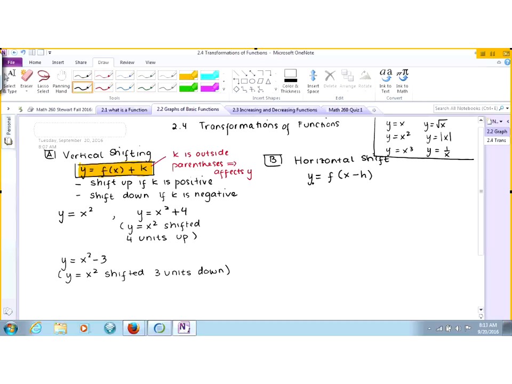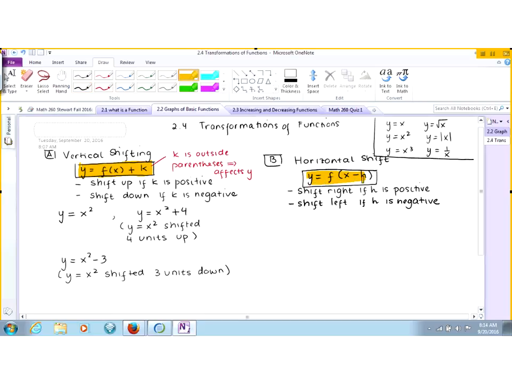So it's the same idea. We shift right if h is positive, and we shift left if h is negative. Now I'm going to write a note here also.